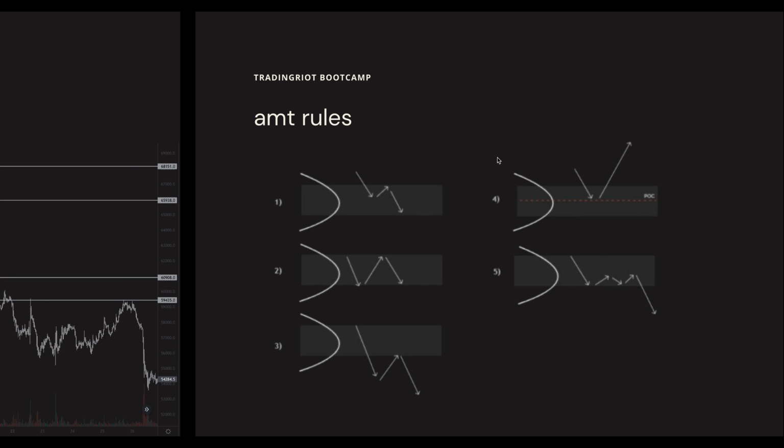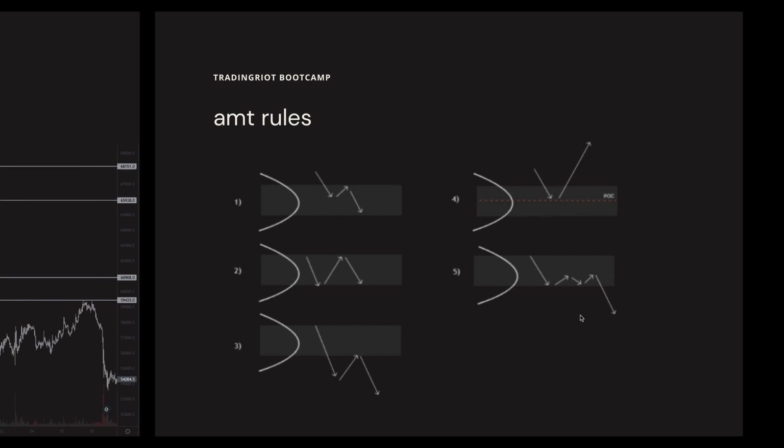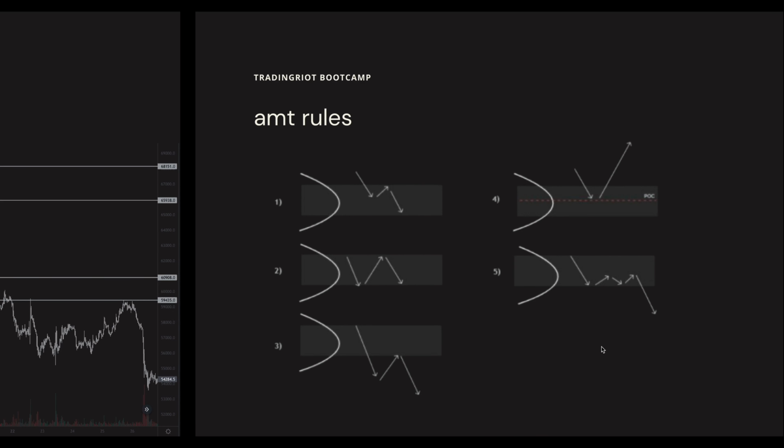This is the idea of the clusters: these inefficient moves inside these levels. The market will just strongly bounce, ignore the value area high, and just continue in the direction. If the market is consolidating at the edge of the value, it's more likely to break outside of it. Okay, so these are the 5 rules of the auction market theory.